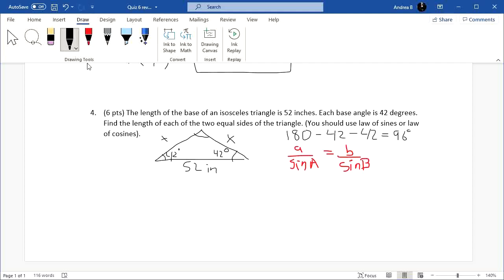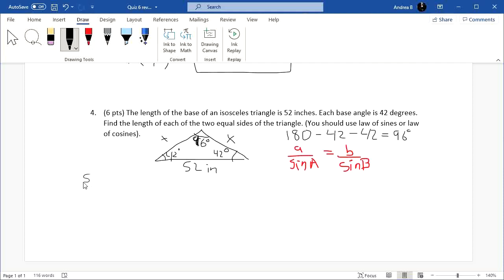So in this case, once again, we'll label this up here in the triangle, make it easier to see which ones are opposite of each other. We'd have that 96 degrees here is this angle. So the 96 degrees is opposite of that 52 inches for that side there. So those would be matched up as one of our pairs for our proportion here.